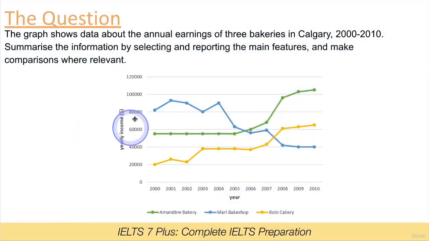And this is the yearly income in dollars on the y-axis. Okay, so we've got general trends. Well, Bolo Cakery and Amandine follow quite a similar trend. They both increase towards the end. Marie Bake Shop is a bit more fluctuating and actually decreases over the time.